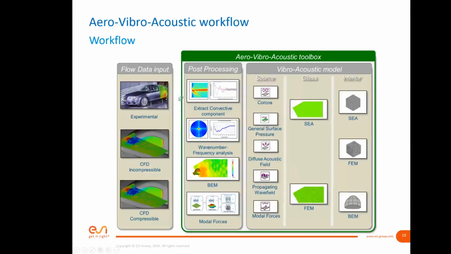So in the workflow, there are different possible approaches to take into account to create this aerodynamic load. At the start, you have the flow data input. It can be experimental or from CFD, which could be incompressible.